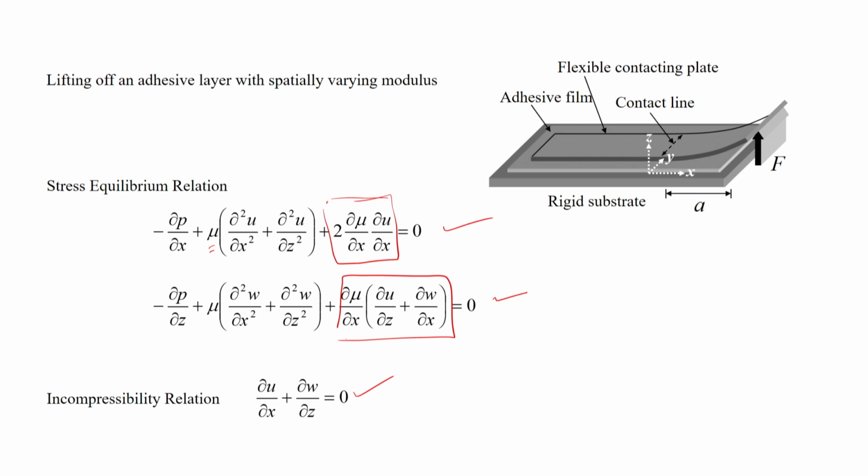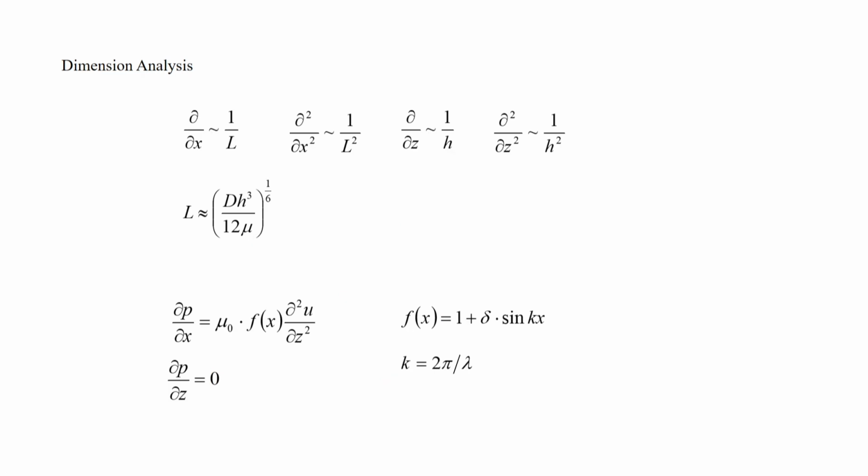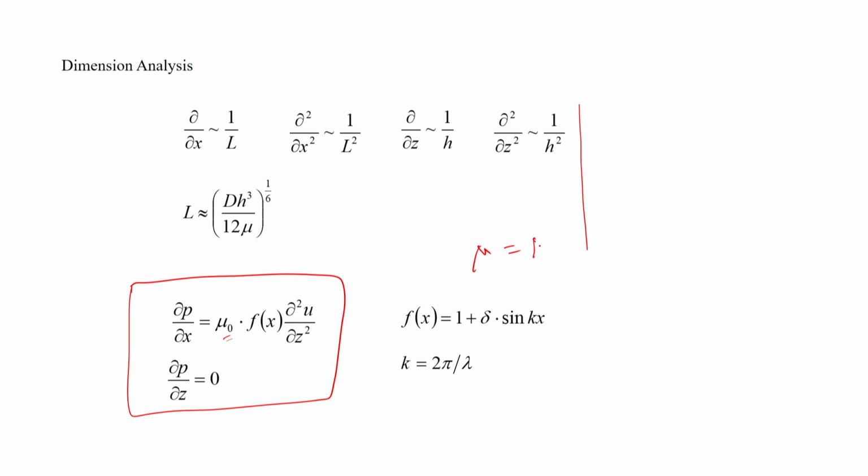Here we are discussing only the spatially varying modulus case, and we can apply dimensional analysis and the lubrication approximations, and by that we can simplify those stress equilibrium relations to this form. Here mu equals mu 0 times a function of x, which has this form, 1 plus delta sin kx.